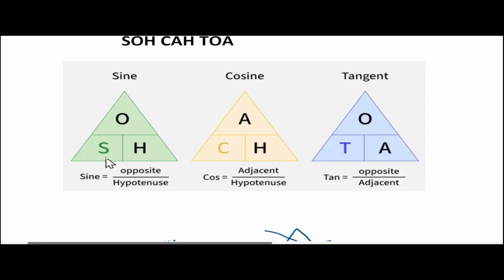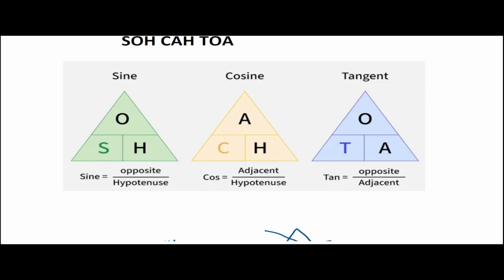So if we've got theta and the opposite side and we want to find the hypotenuse, we would use sine. If we've got theta and the opposite and the adjacent side, or we've got the opposite side and we want to find the adjacent side, we would use tan, because tan is the one that involves those three. So the bottom left hand side is really sine theta, cosine theta, tan theta, the angle.